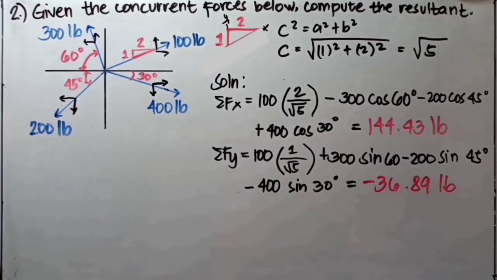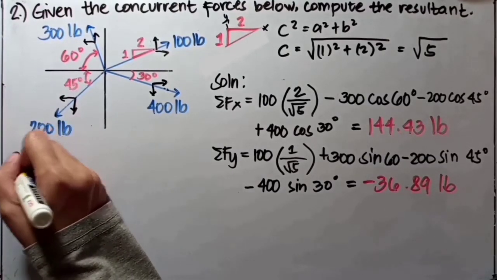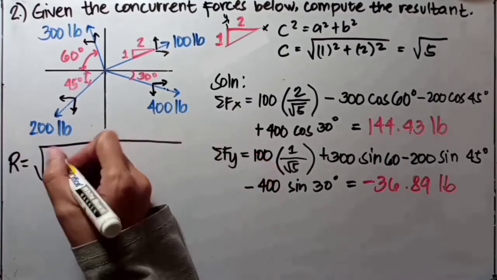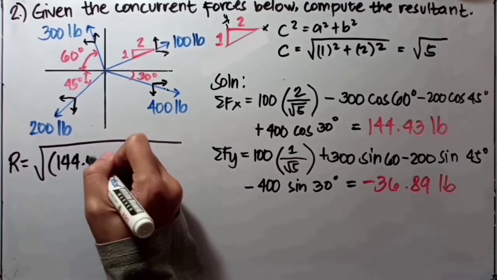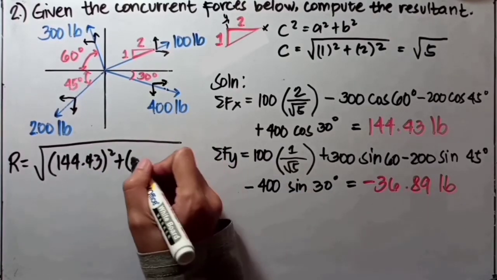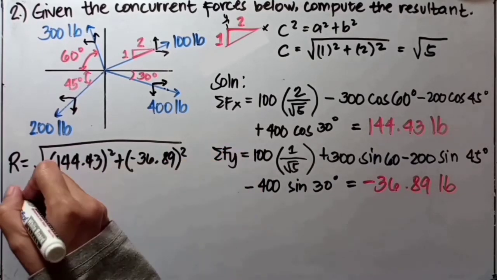Ang next naman na gagawin natin is solve natin ang resultant. Now, for the resultant, diretso na lang tayo ng R is equals to the square root of the summation forces x, which is 144.43 raised to 2, plus summation forces y, which is the negative 36.89 raised to 2.